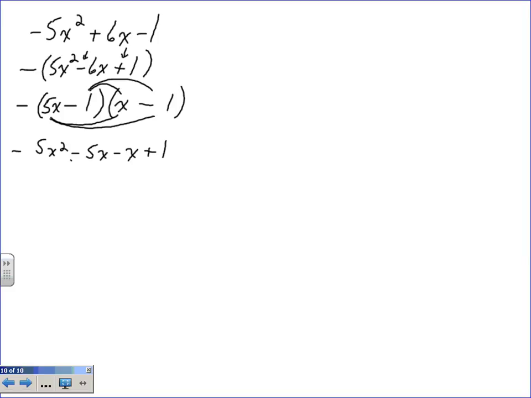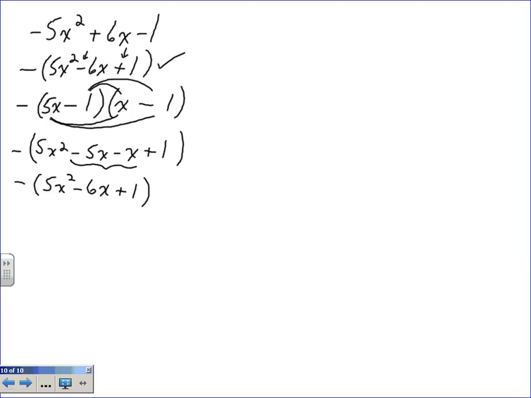Now we got that negative is still out front. It's still hanging out front there. So yes, I get 5x squared minus 6x plus 1. And that's what this is. All right, so I was able to factor that okay.